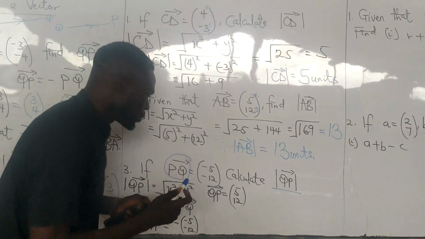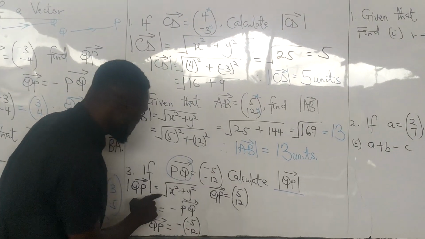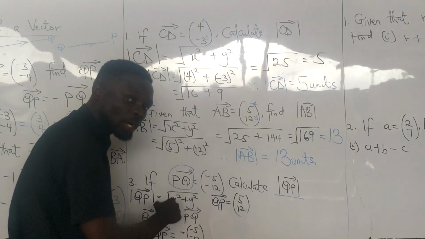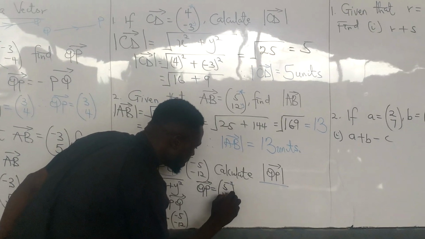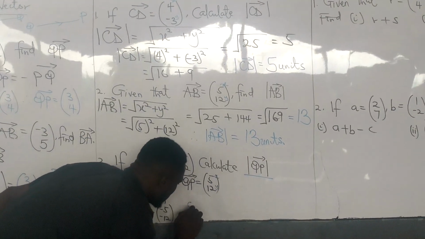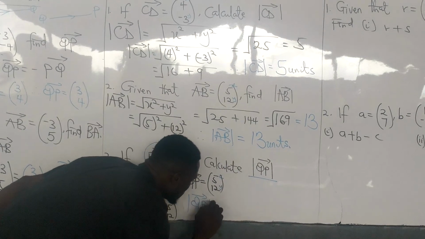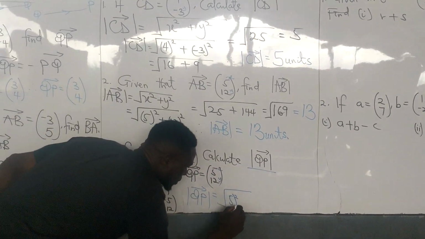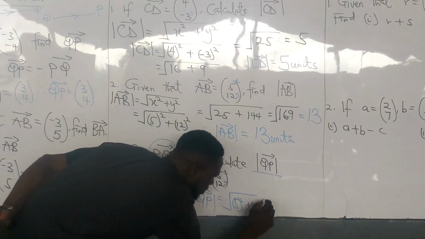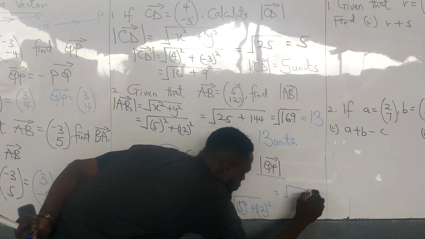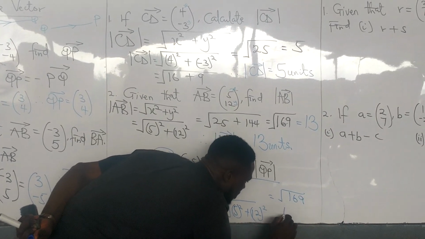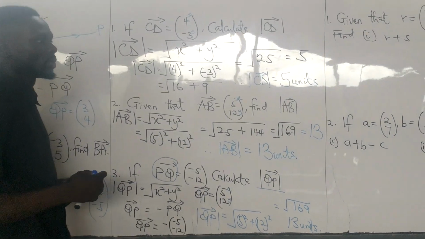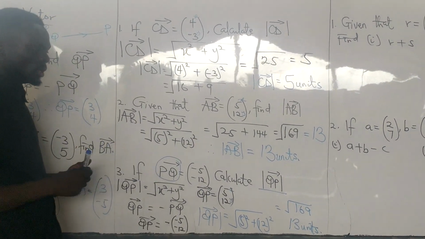Since the magnitude is the square root of x component squared plus y component squared, this is the x, this is the y, so the magnitude is equal to the square root of x squared. What is the x? 5 squared plus 12 squared. Solving will give you 169, which is 13 units.